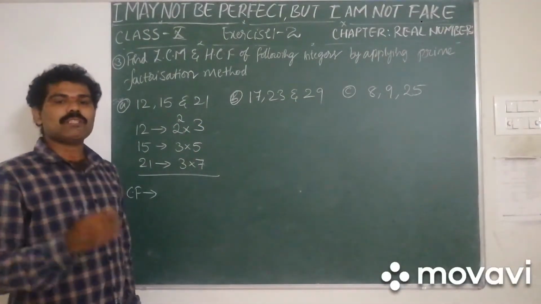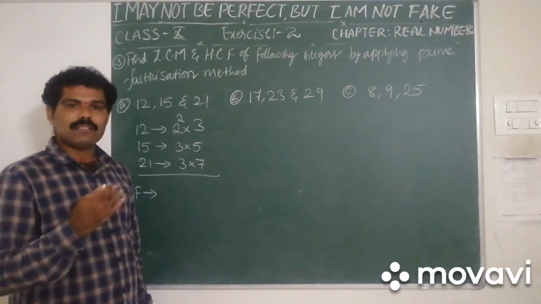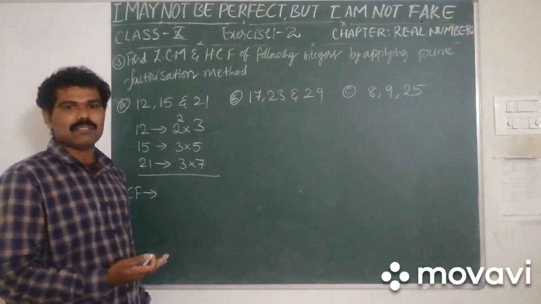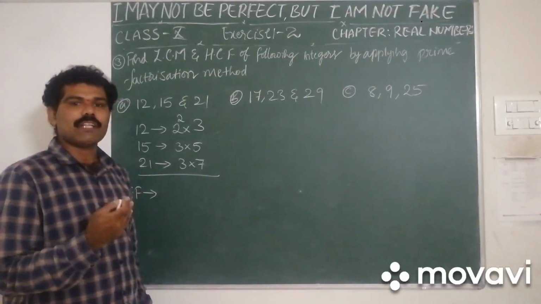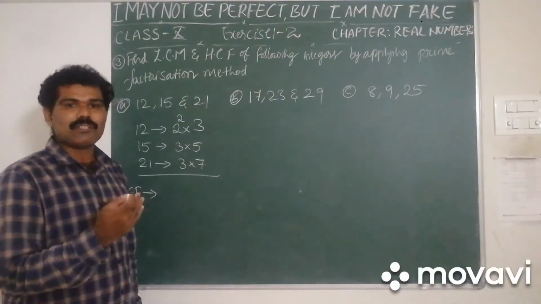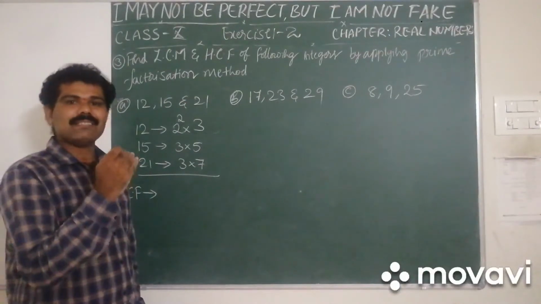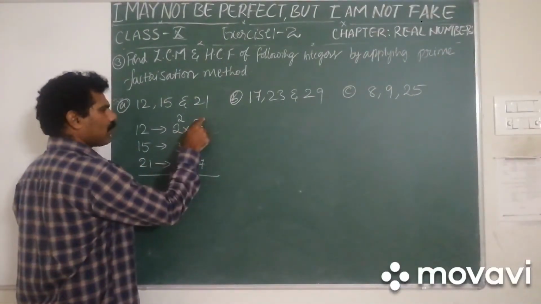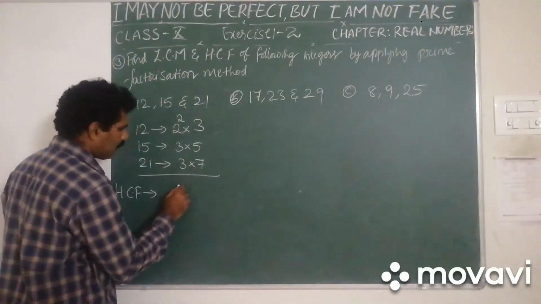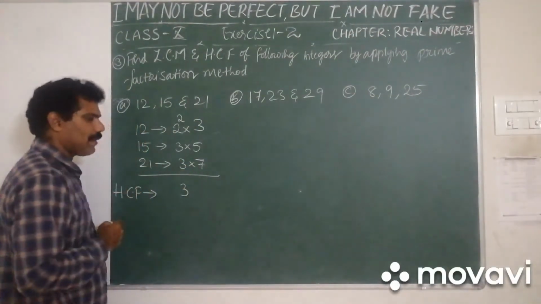And what if the powers are different? We discussed in the previous video that if the powers are different, then we have to take the factor which has the least power. Here it is 3 to the power of 1, 3 to the power of 1, 3 to the power of 1. So the powers are the same, so I will directly take the value as 3.